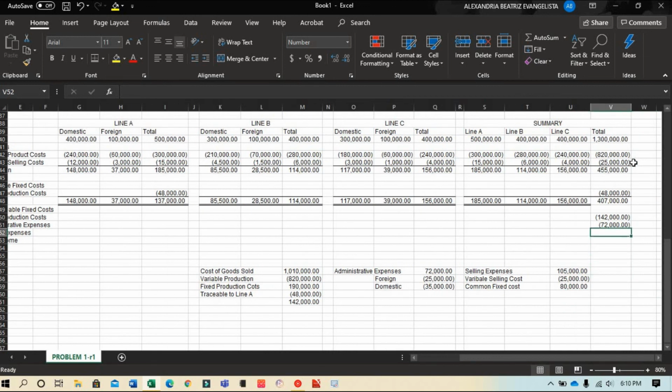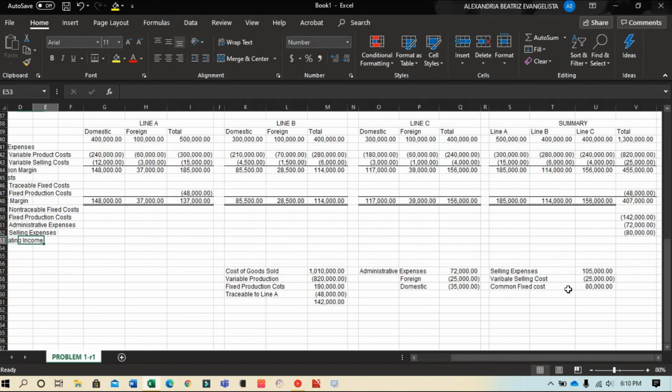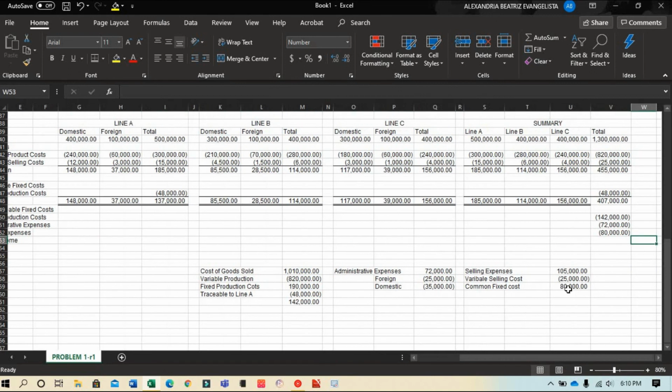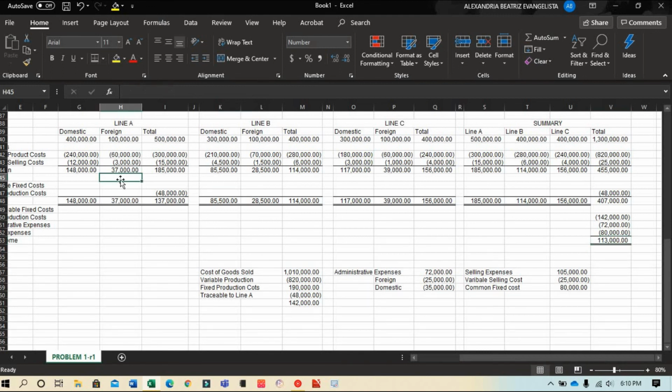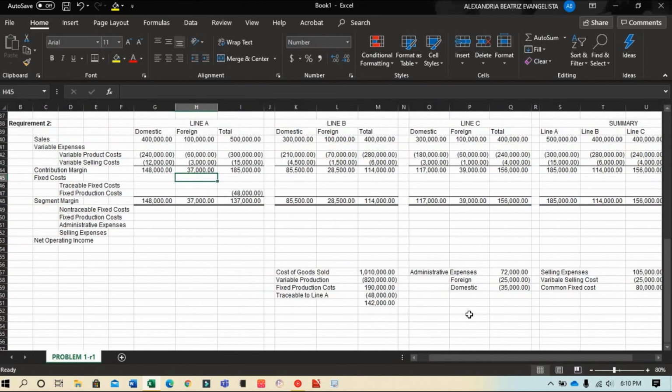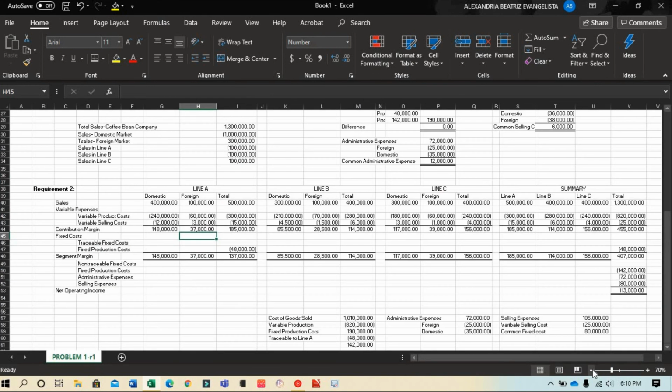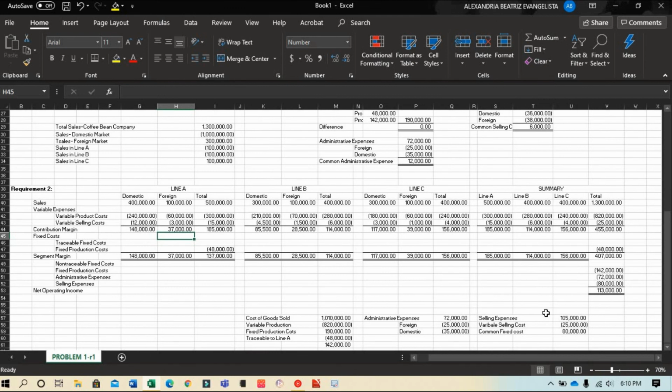So let's deduct that from the total segment margin, and then we'll be able to compute the net operating income of Coffee Bean Company, which is 113,000 as well. So this is for the requirement number 2.